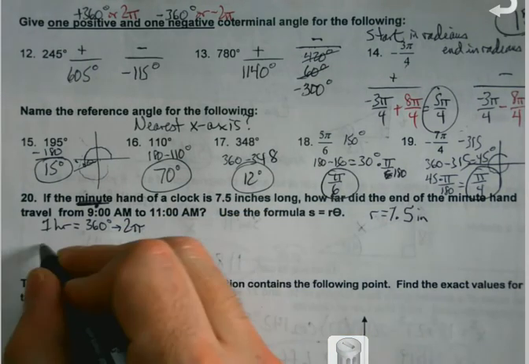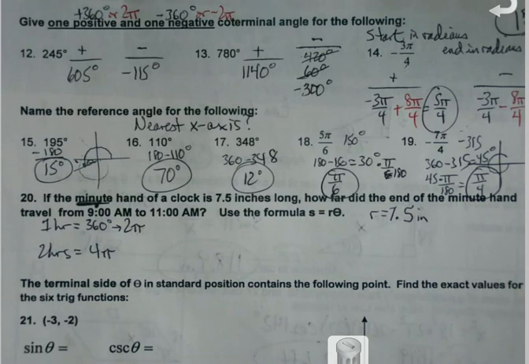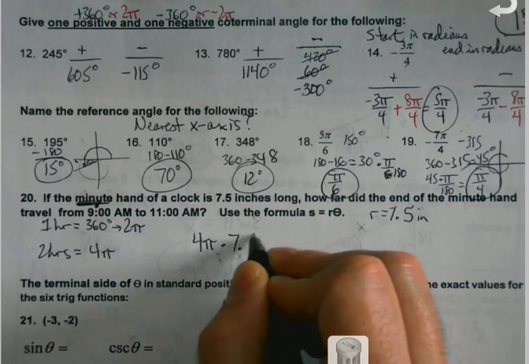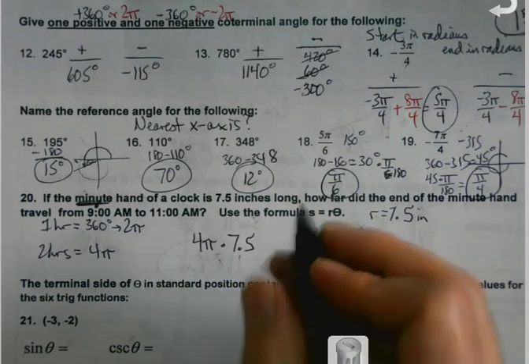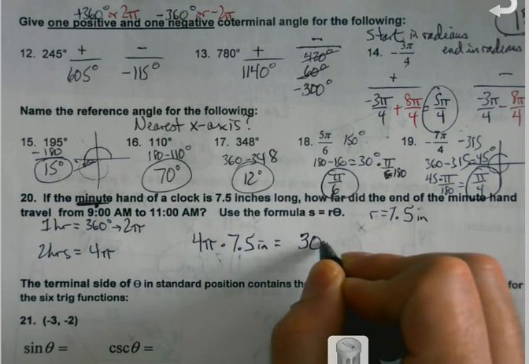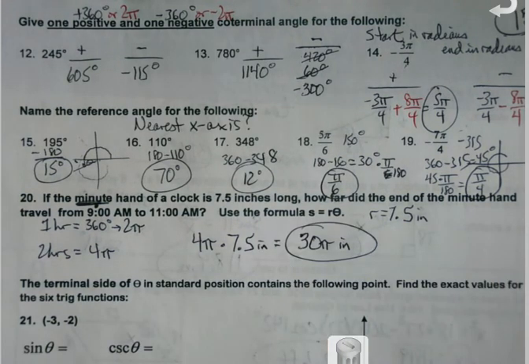So 2 hours would be 4 pi. So 4 pi times 7.5 looks like it went about 30 pi inches.